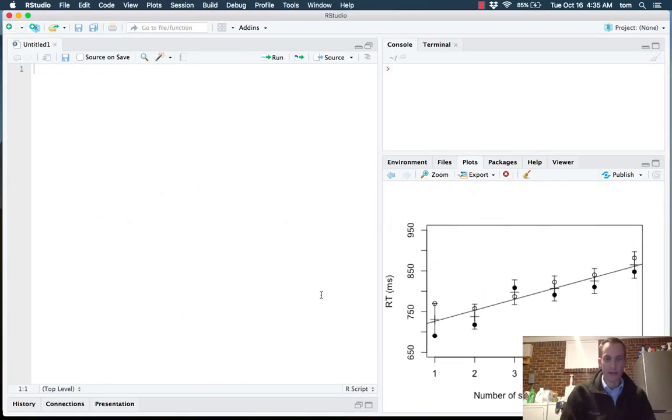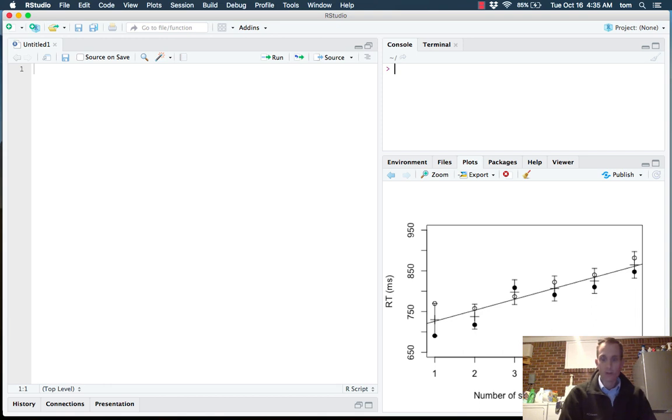So essentially what we need to do is start with our data. I'm going to go to RStudio now. We need to start with the data that we generated in our experiment and the plot that we got last week, but now we need to make separate lines connecting the black dots and the open dots. If you remember, the black dots were the target present trials and the open dots were the target absent trials.